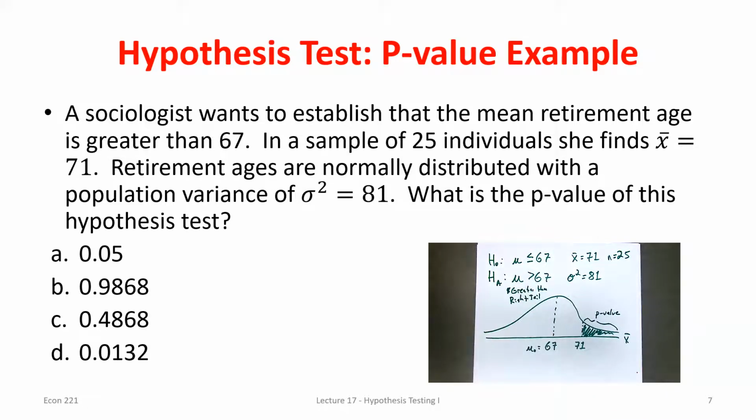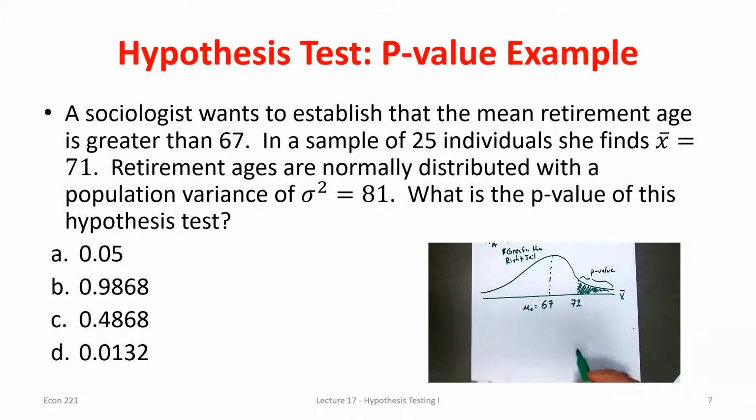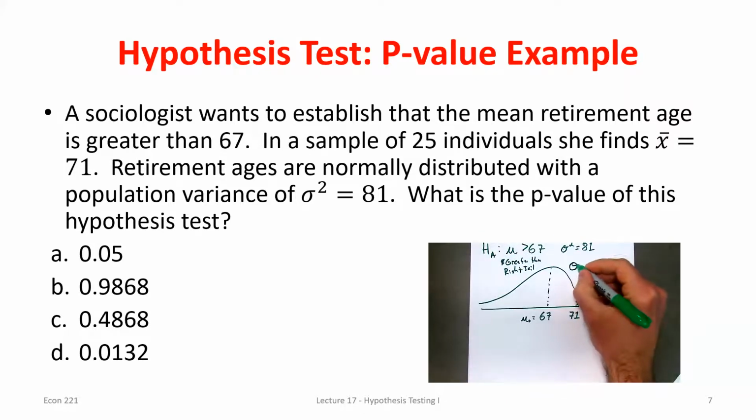From here, I could have calculated an intermediate value, which is the standard deviation of my sample means. We said that's just the square root of the original variance over my sample size. So the square root of 81 over 25.